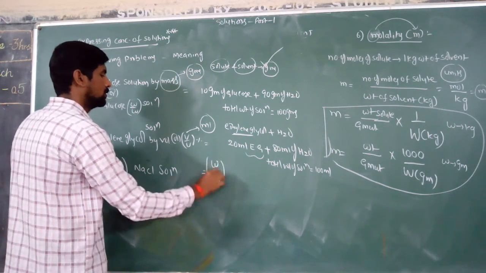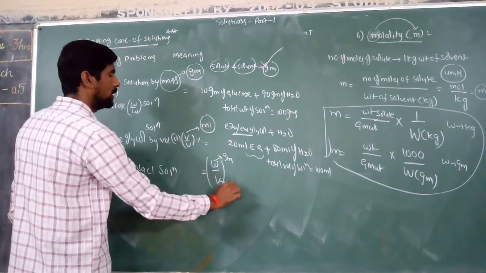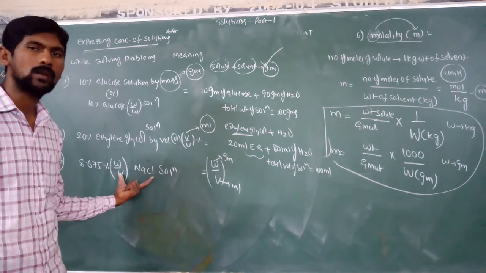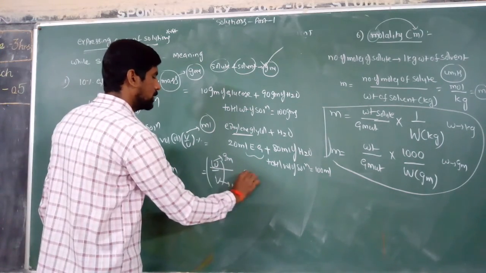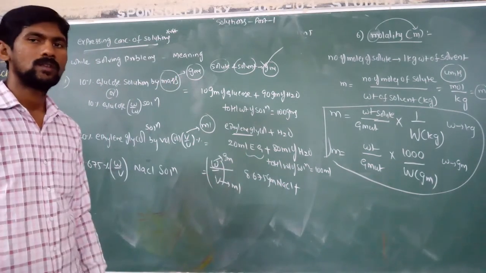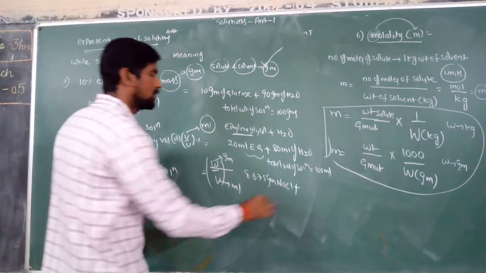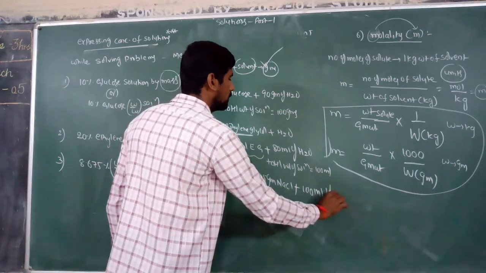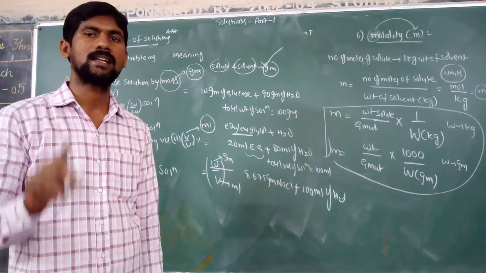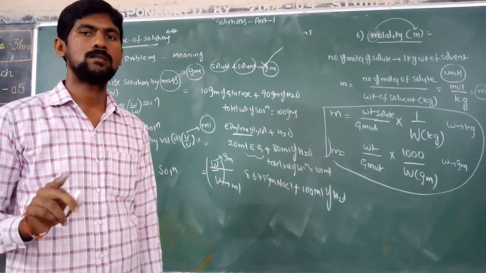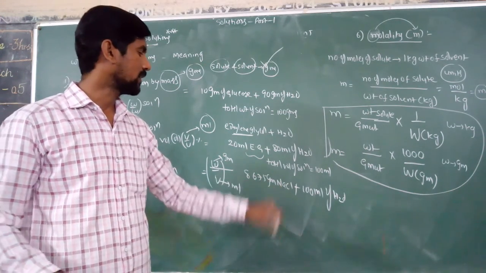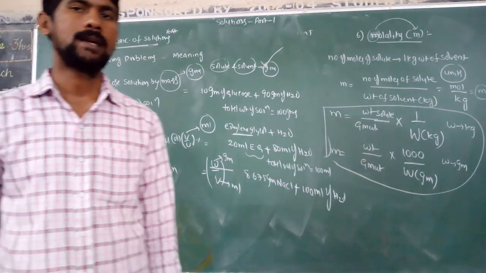Weight by volume: weight means grams, volume means ml. 8.675% weight by volume sodium chloride solution means 8.675 gram of sodium chloride is dissolved in 100 ml of water, because in weight by volume percentage, the volume of the solution is always taken as 100 ml.